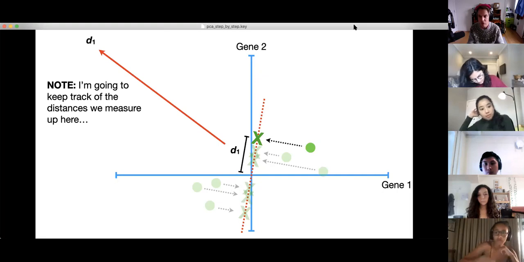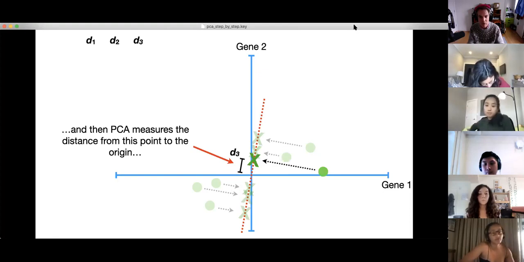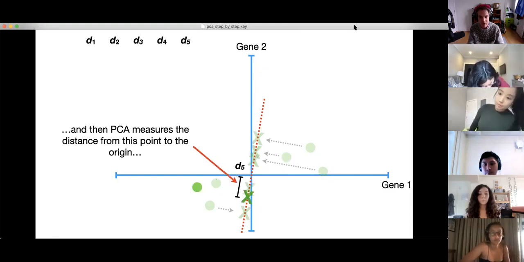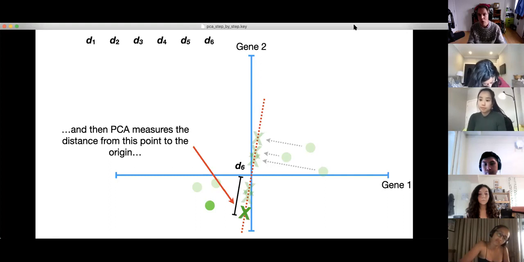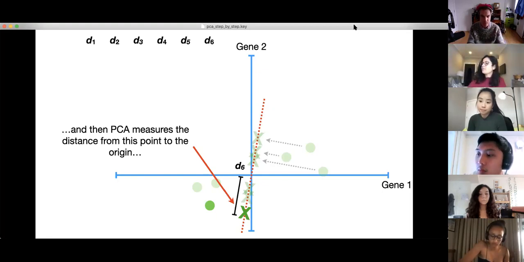So in the upper left-hand corner of the screen, we've got D1. And then we measure the distance from the next point to the origin, so that's D2. And then we measure D3, D4, D5, and D6. So we've measured all 6 distances from the projected points to the origin.